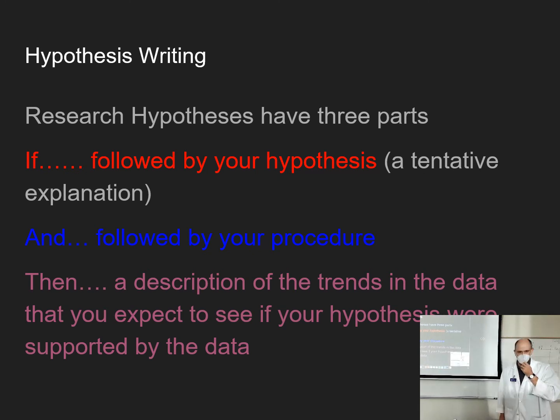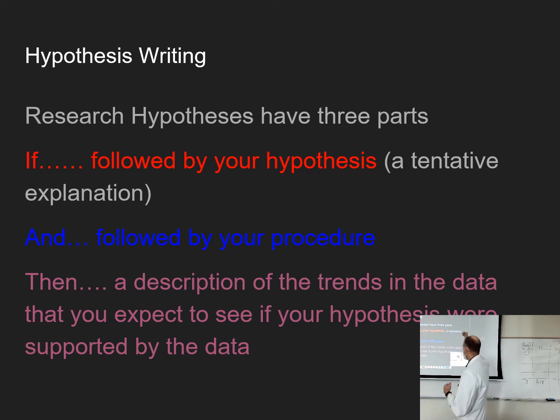Okay, so hypothesis writing. We're going to use a research hypothesis which has 3 parts: if, and, then. The if part is the actual hypothesis. If you look up hypothesis, a hypothesis is by definition a tentative explanation, meaning your best shot at explaining what you think is happening, how these 2 variables interact, what's going on.